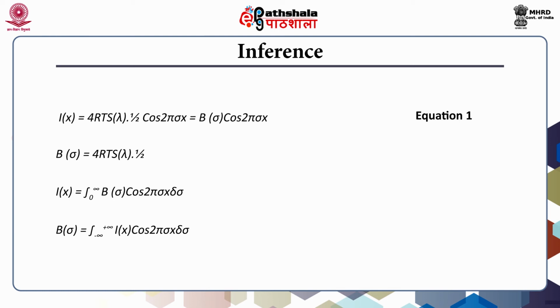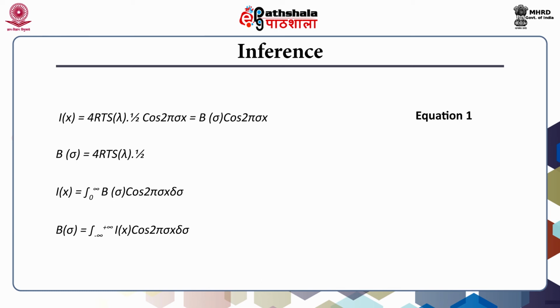This is also equal to B cos 2 pi sigma x, where 4RT is the beam splitter efficiency, in which R is the energy reflected by the beam splitter, T is the energy transmitted by the beam splitter, S is the radiation energy from the light source, and sigma is the wave number.